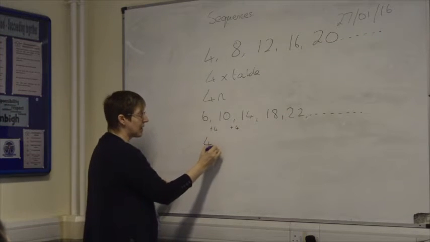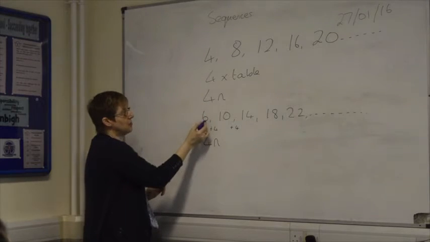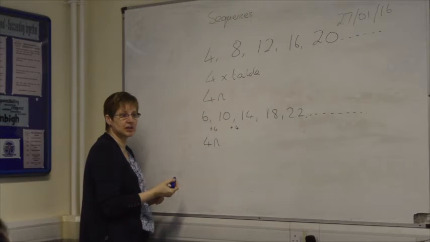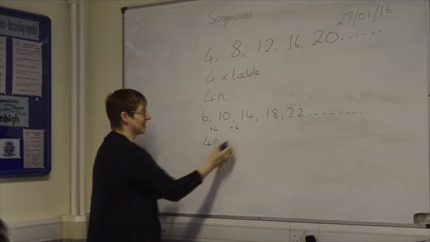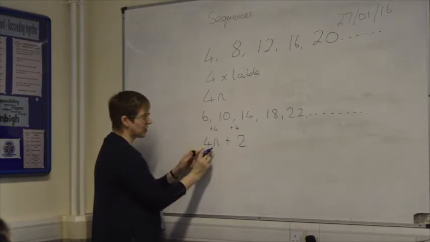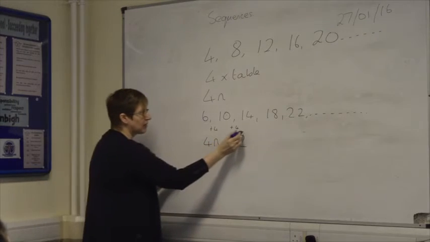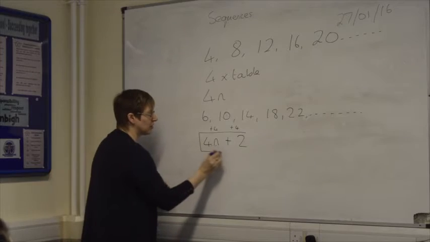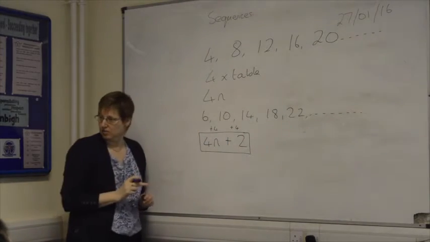So it must be based on my 4 times table. But how many more than my 4 times table is it? 2. Add 2. Yes? So it's based on my 4 times table, but it's 2 further on. So now I can write 4n plus 2, and that's a way of describing that sequence.